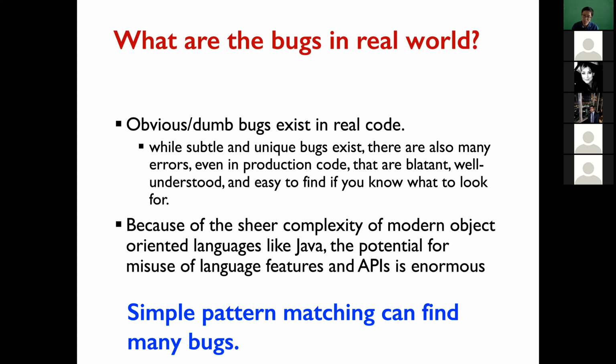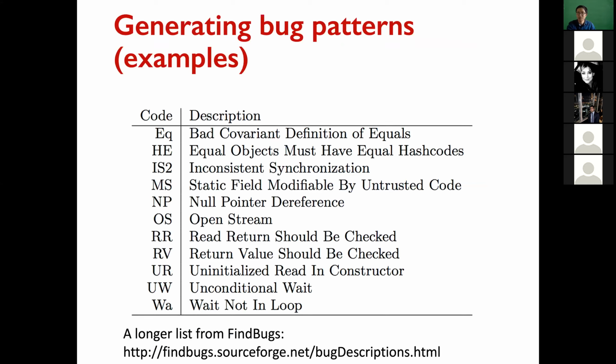So there are some general bug patterns. Let's look at some of them. For example, the first is EQ, which is a covariant definition of equals. In object-oriented programming, we may define equals for all the objects or for some of the objects.